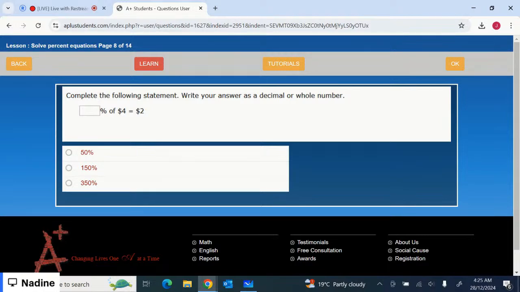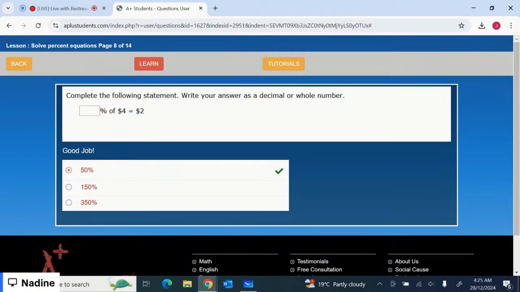Which is the correct option? That is 50%.